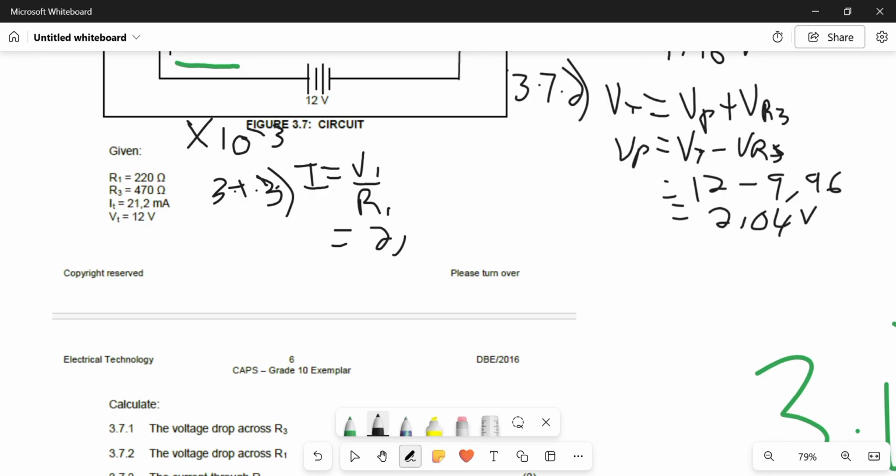Since we just got the voltage across R1, it's 2.04 over 220, which is going to be 9.25 times 10 to the power negative 3.